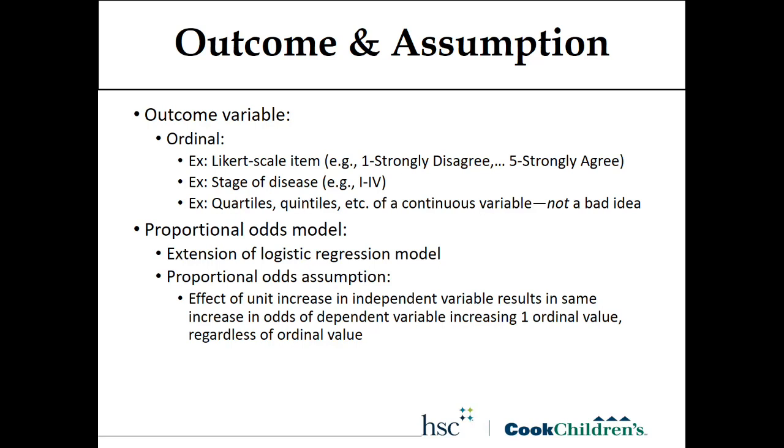So a change in the predictor variable, for example, from being in the no protocol group versus the protocol group, will result in the same increase in odds of a dependent variable, this Likert scale, for example, increasing one ordinal value, regardless of the ordinal value. So it could be from strongly disagree to disagree, or from agree to strongly agree. So the difference in those odds ratios between two different categories is going to be the same regardless of your starting point.